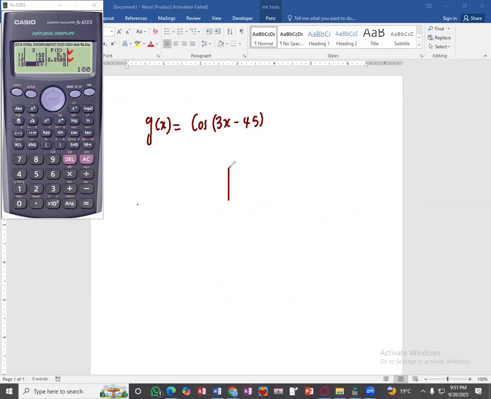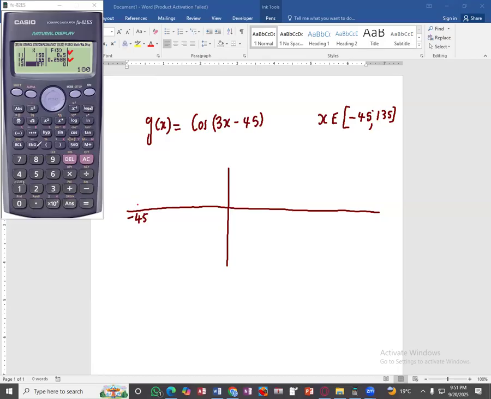Okay, so y exists, x exists. Now let's say we want you to sketch the graph between negative 45 and 135. So you know where you must start. I'm going to start at negative 45.